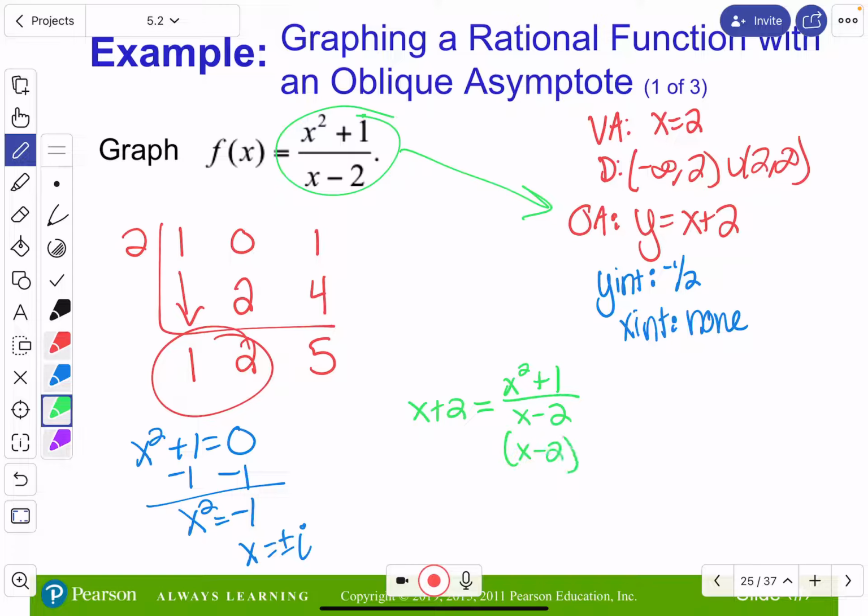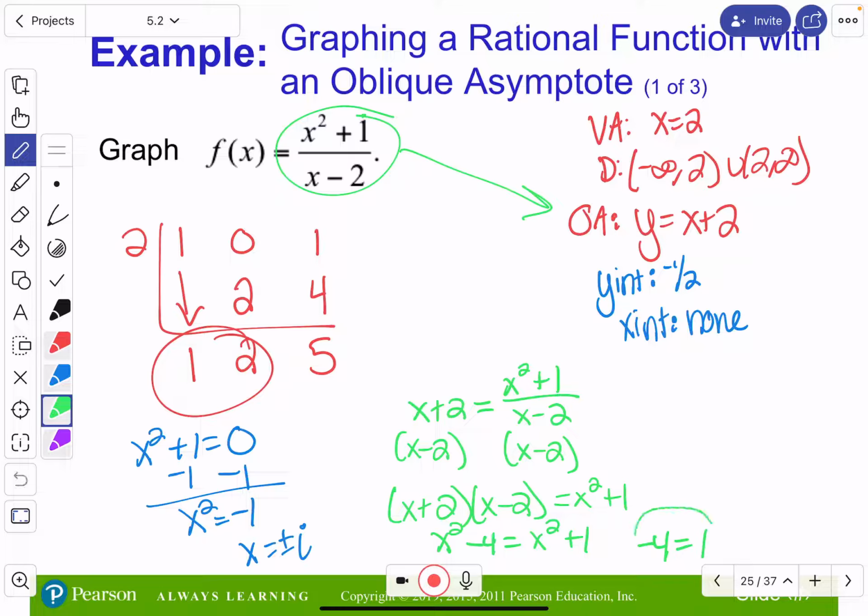Multiply both sides by the denominator. So we're going to distribute this. It's difference of squares. So we get x squared minus 4 equals x squared plus 1. If we subtracted x squared from both sides, we'd get negative 4 equals 1. That's never true, so it doesn't cross the oblique asymptote.